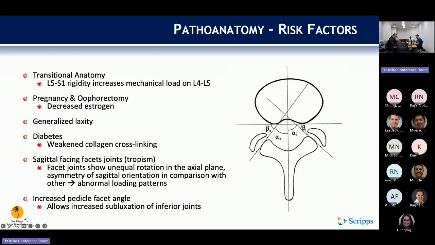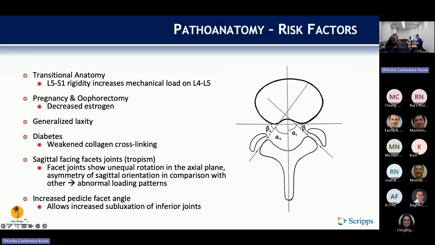I thought it was pretty interesting, pregnancy and oophorectomy, which ultimately has a physiologic state of decreased estrogen, which can speed up this process and increase the degeneration and laxity in general in patients. Conditions with generalized laxity, such as Ehlers-Danlos or other collagen processing disorders, have a predisposition for this disease. And diabetes has a predisposition for the disease as well, just weakened collagen cross-linking due to increased N-glycation products.